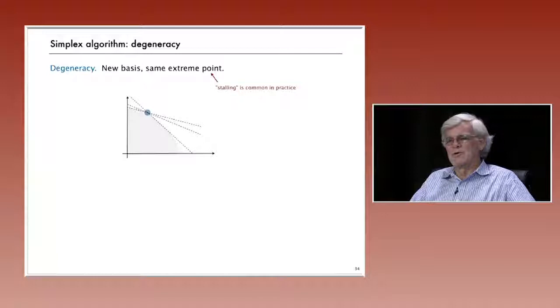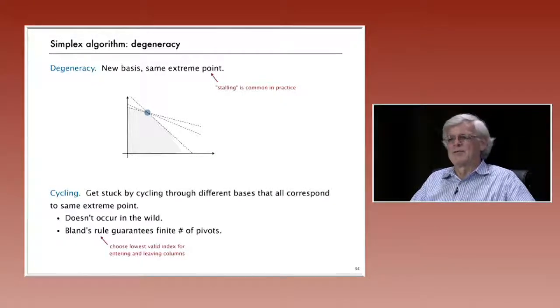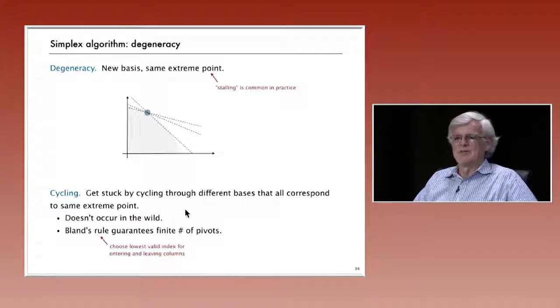So that's called stalling. And that's not a good situation that you have to watch out for. And the other thing is, when you have this kind of degeneracy, you could get in a cycle where you go through different bases, always corresponding to the same extreme point. It doesn't seem to occur in practice.